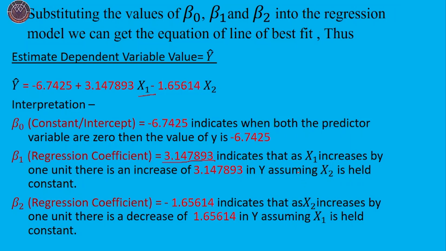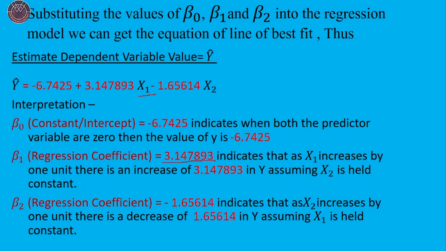Similarly, what is the meaning of regression coefficient beta 2, which is equal to minus 1.65614? It indicates that as x2 increases by 1 unit, there is a decrease of 1.65614 in y, assuming x1 is constant.